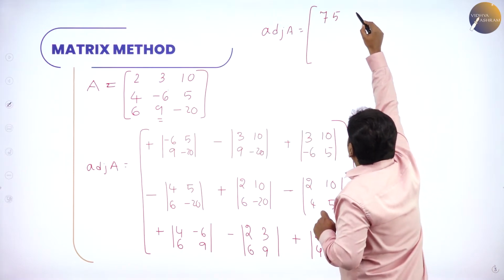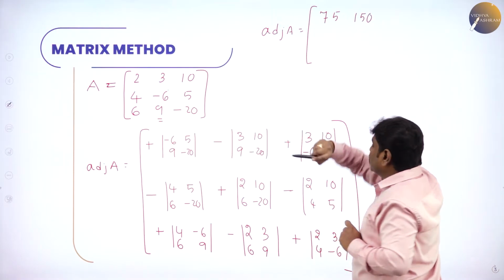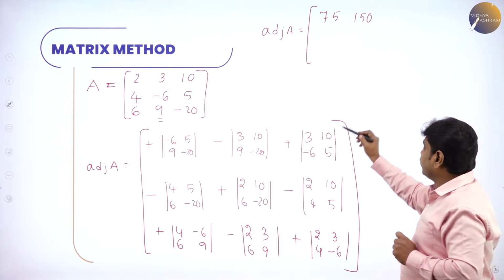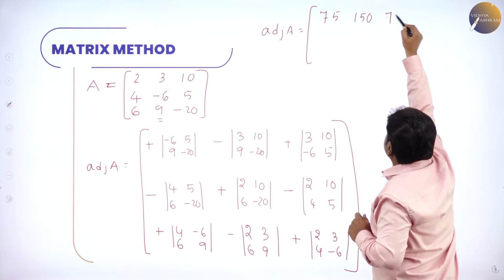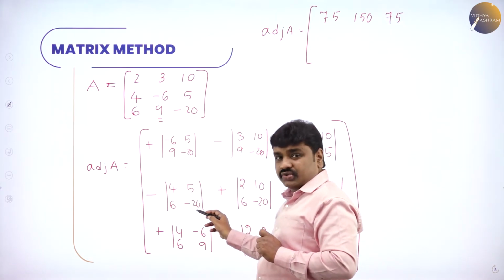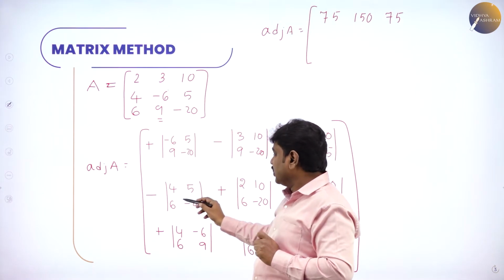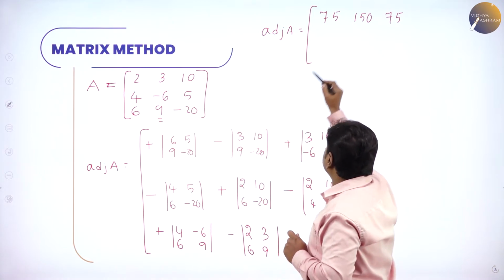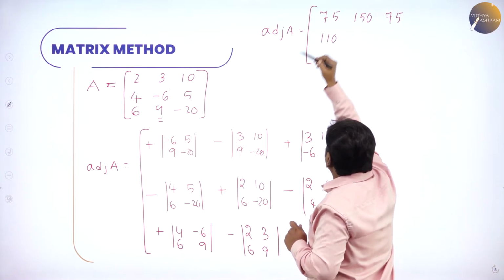Minus of minus 150 becomes plus 150. Then 3 5s are 15 plus 60. 15 plus 60 becomes 75 positive. Then 4 into minus 20 is minus 80. Minus 80 minus 30, minus 110. Minus of minus becomes plus 110.